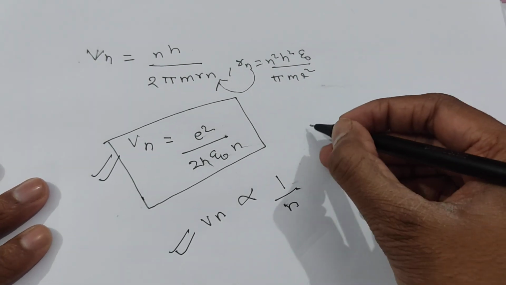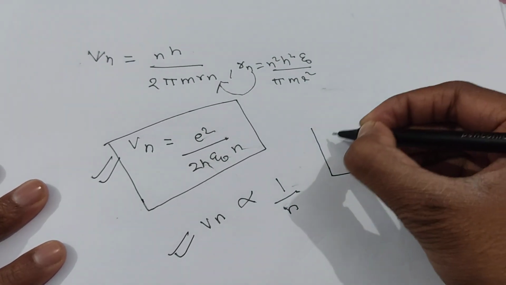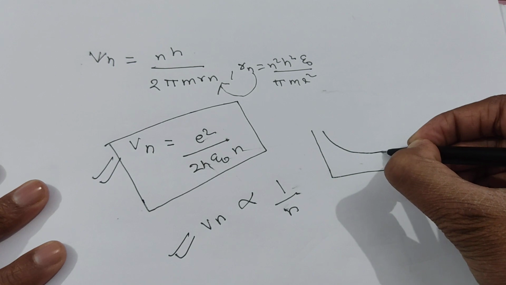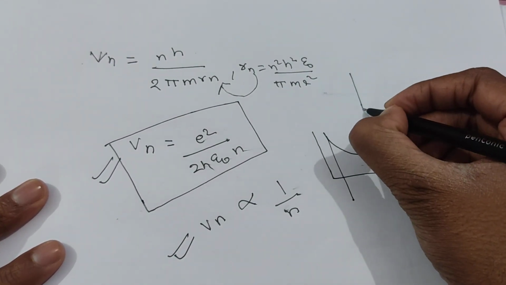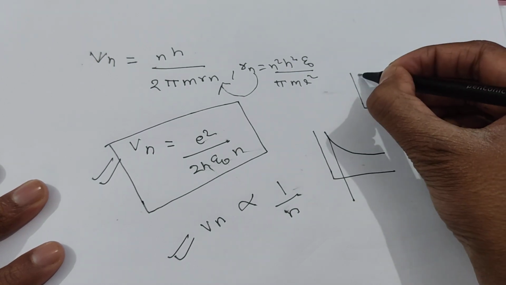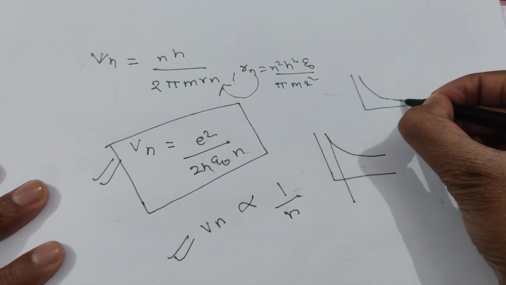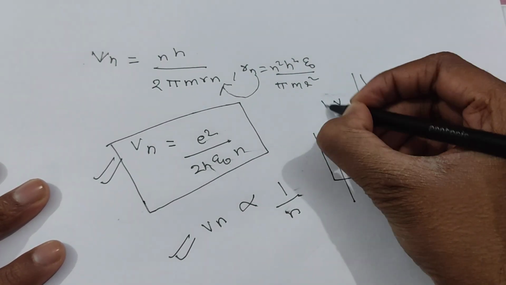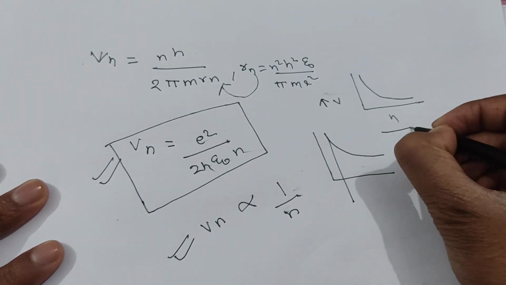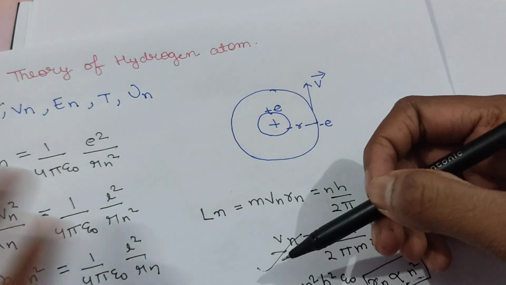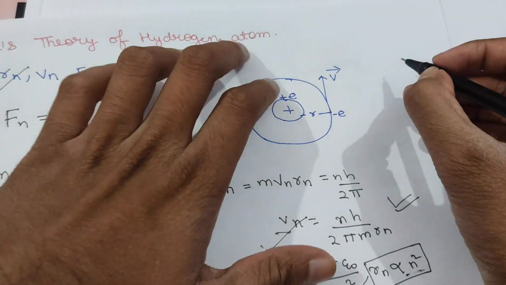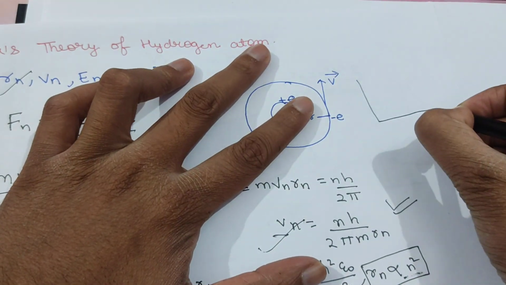Where we draw the graph, we'll draw it like this. This is not exactly right, but it's a kind of graph. This is V and this is n, and from the previous graph we should know the Rn and n graph.